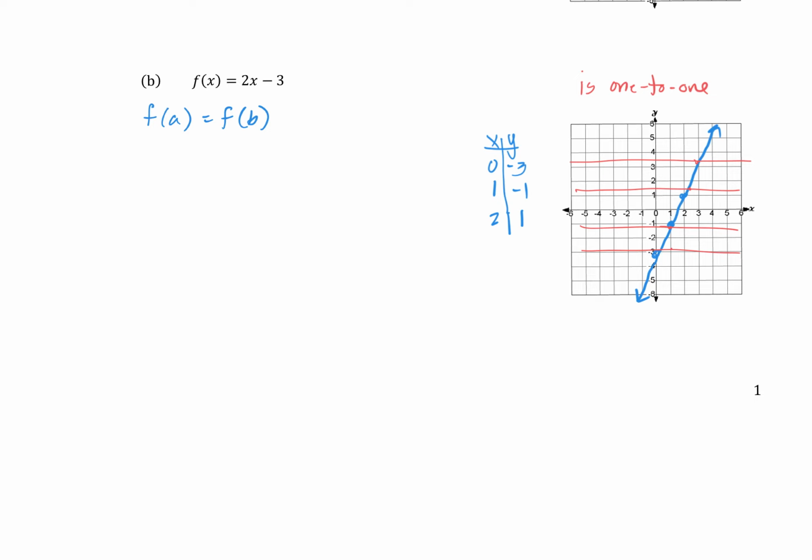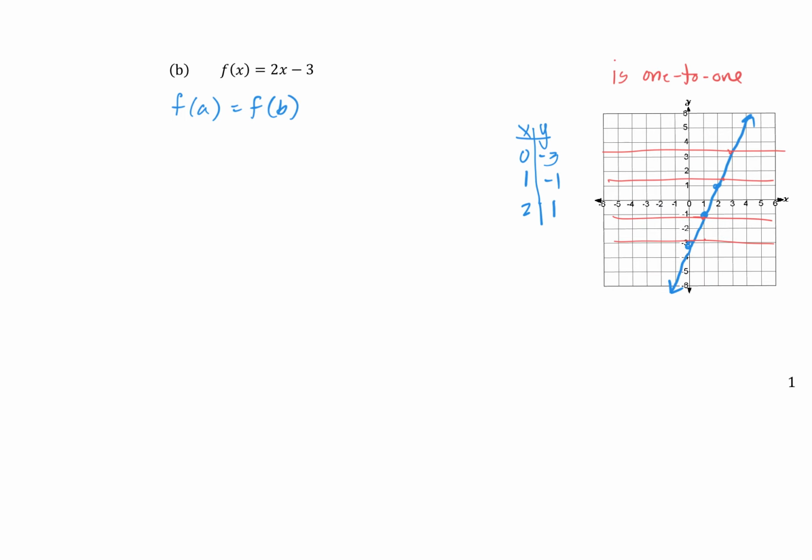So I'm going to leave a generic a and a generic b that will stand for any value in the domain. Now we know that f of x is equal to 2x minus 3. So if I rewrite f of a as 2a minus 3 and f of b as 2b minus 3, then maybe I can use algebra to get down to a equal to b.